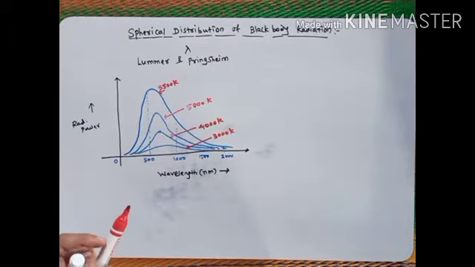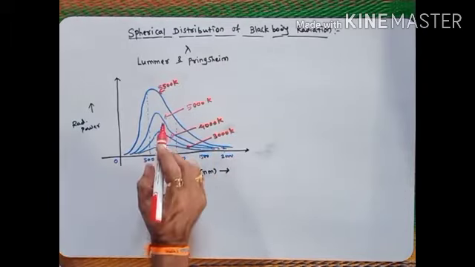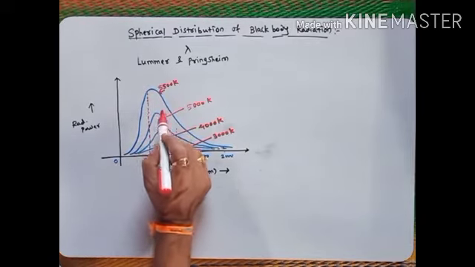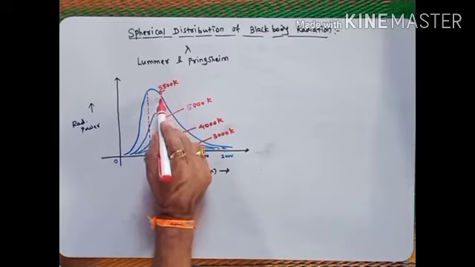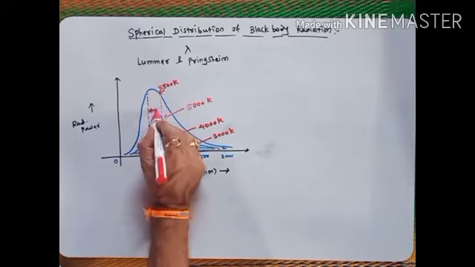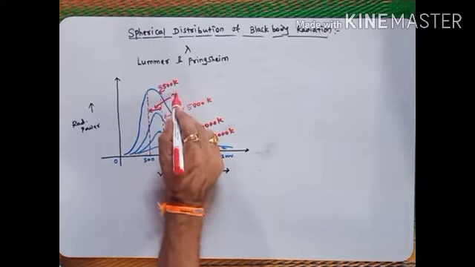We consider here, see, that is 500. We consider this region. This region is the visible region.